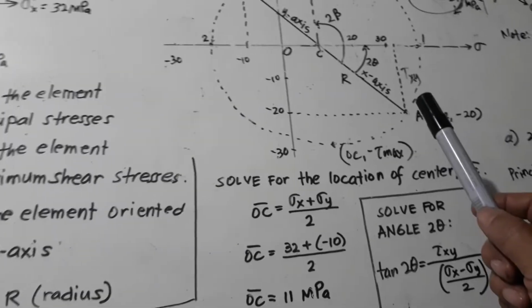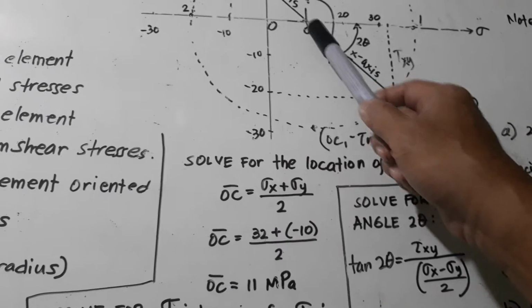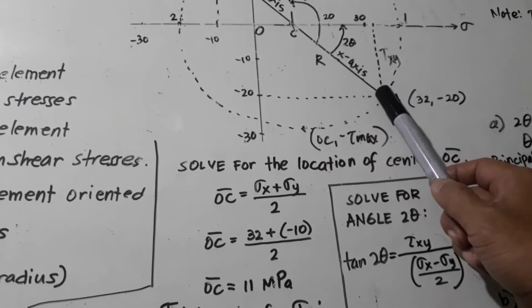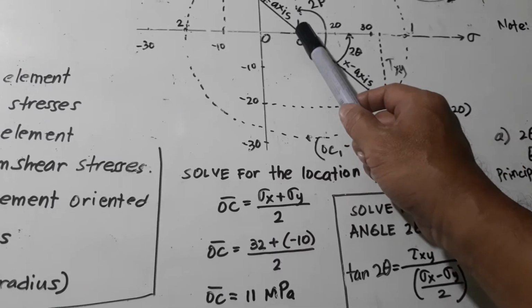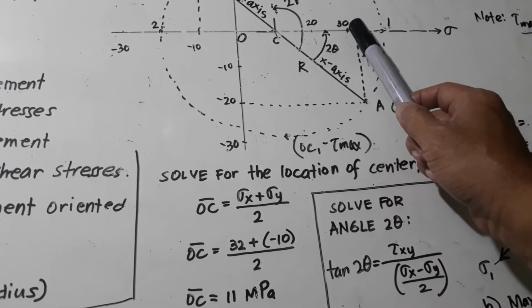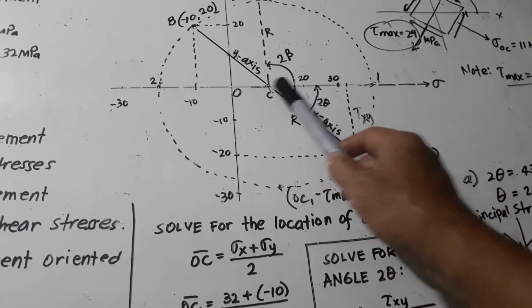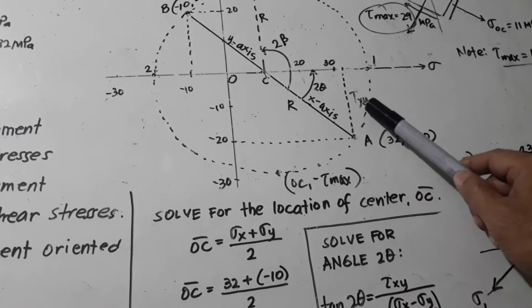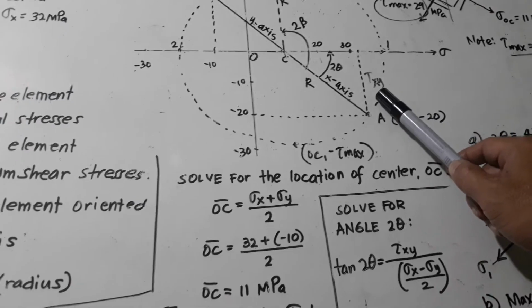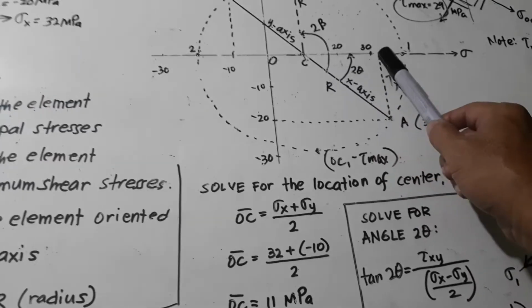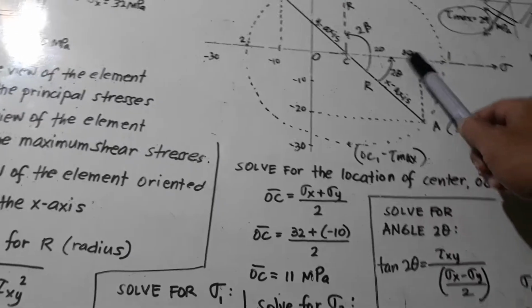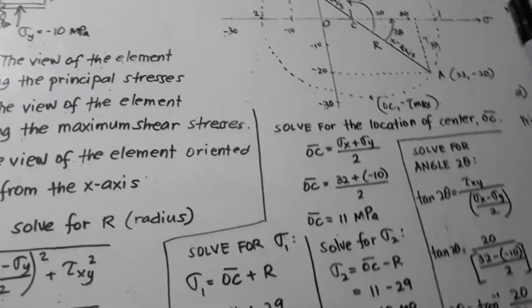We need to compute the radius of this circle, R. We can use the Pythagorean theorem: this side is given to be tau xy, and this distance is sigma x minus sigma y over 2.